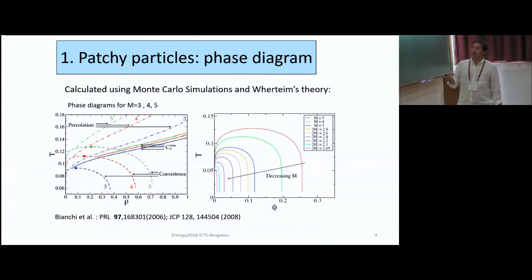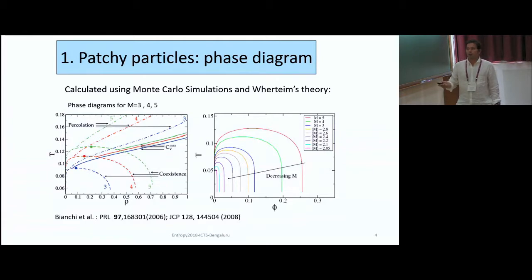You can go to this theory. In this theory, the number of patches per particle is a parameter, and you can plug into the theory the number of patches that you want. Even a fractional number of patches. If you do that and calculate the phase diagram, what you see is that you are shrinking continuously the phase diagram.